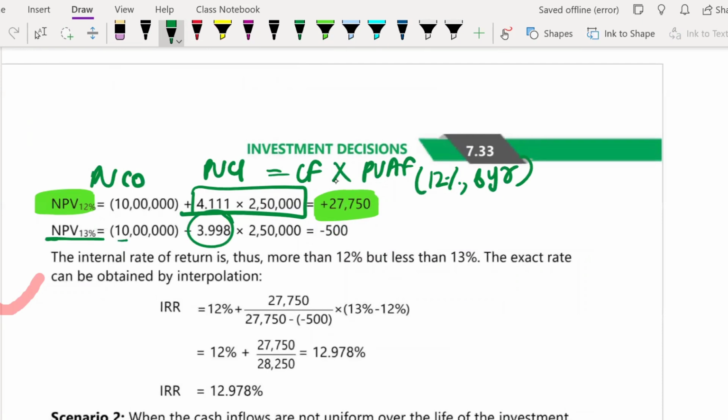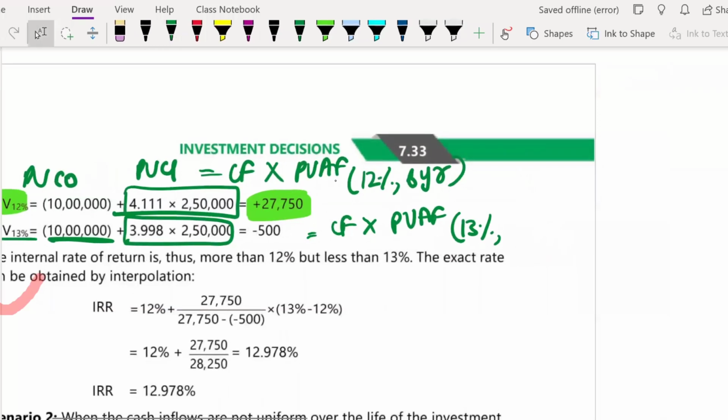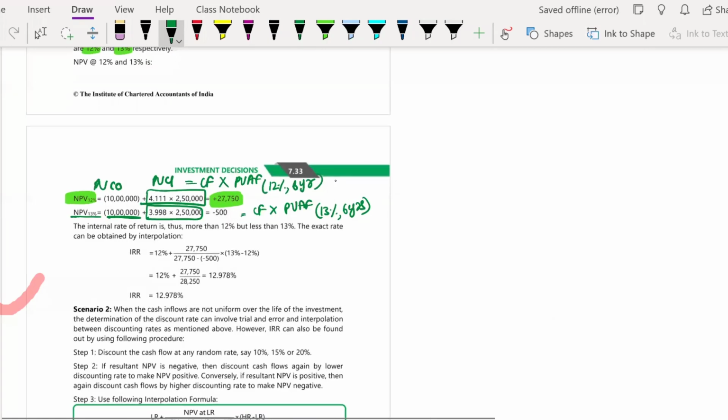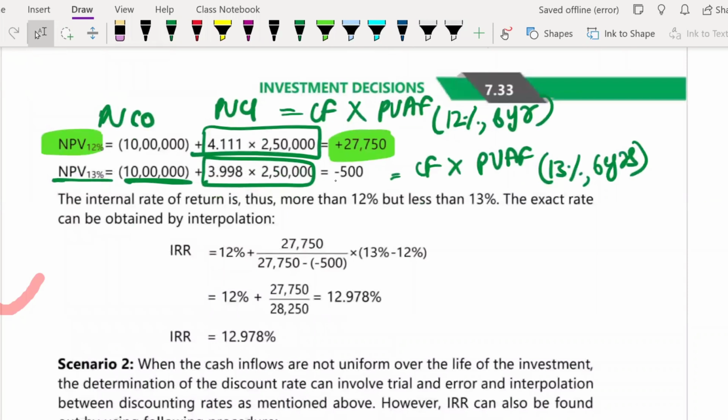So here they have done PVCO, the present value of cash outflow. To find out the present value of cash inflow, they have done cash flow, which is 2,50,000 into present value annuity factor of 13%, comma, 6 years, and they have got an annuity factor of 3.988, which gives an NPV of minus 500.